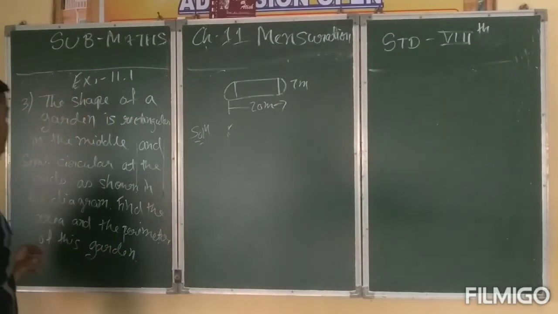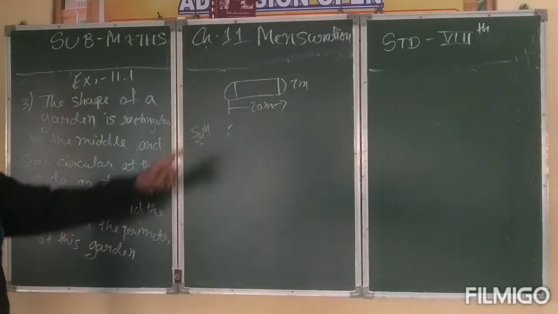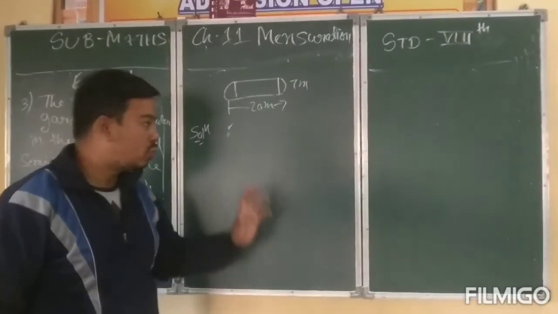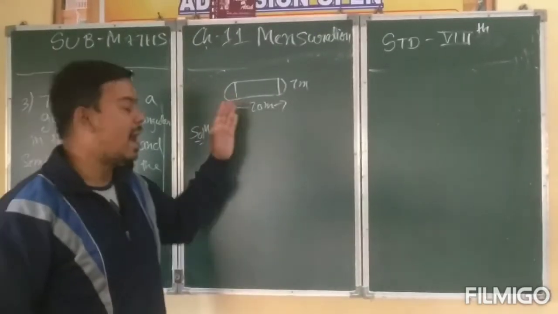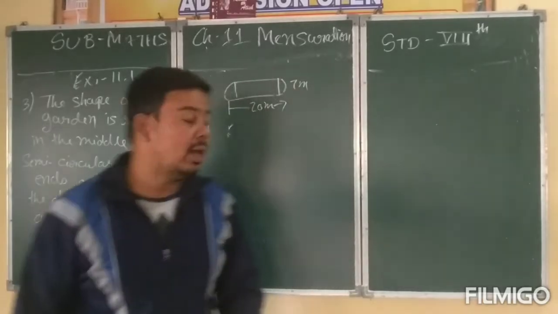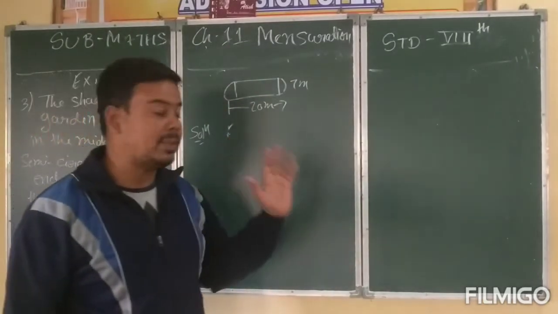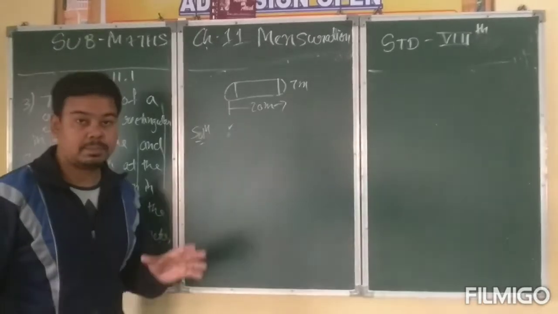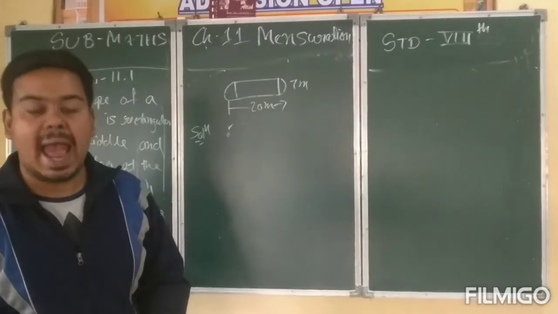We have to find the total area and total perimeter of this field. Together we cannot find it, so individually we find the perimeter and area of the rectangular part, then the perimeter and area of the semicircular part, and then we add.